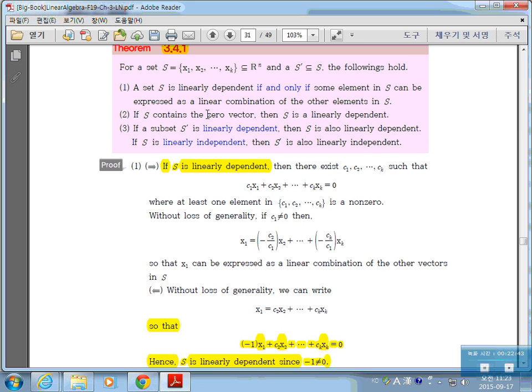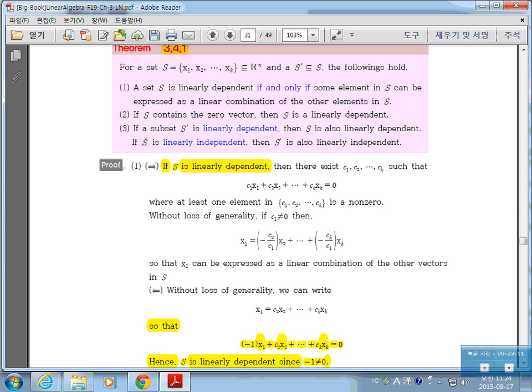Okay, here for a set S in Rn, the following hold. For the set S in Rn and a subset S prime of S, the following hold. First, a set S is linearly dependent if and only if some element in S can be expressed as a linear combination of the other elements in S. That's one.